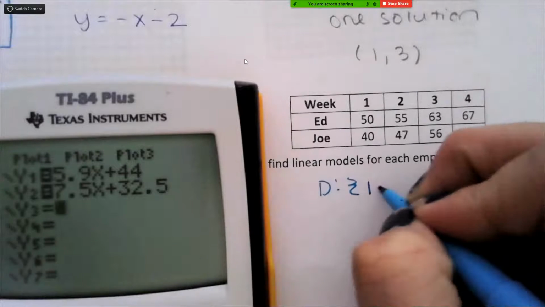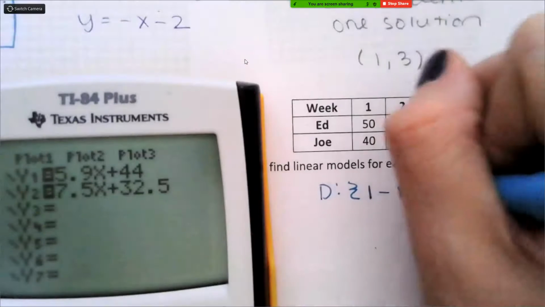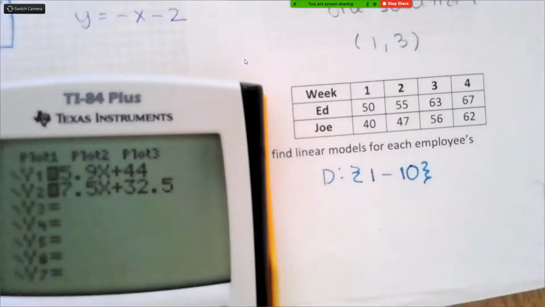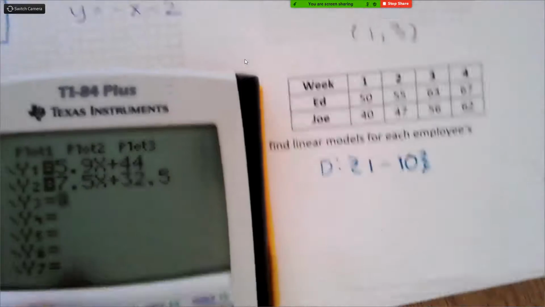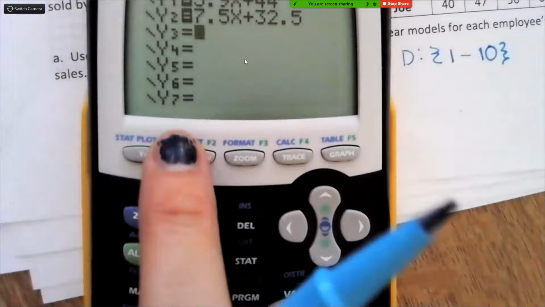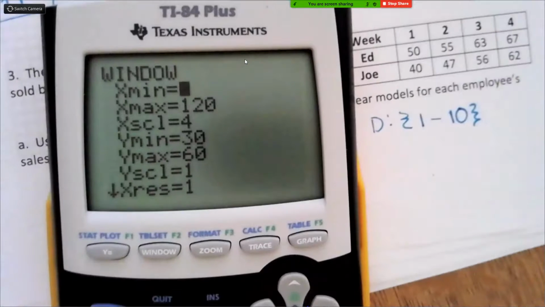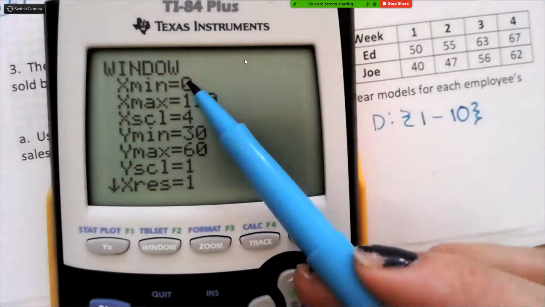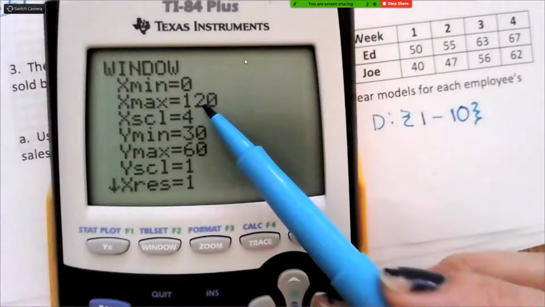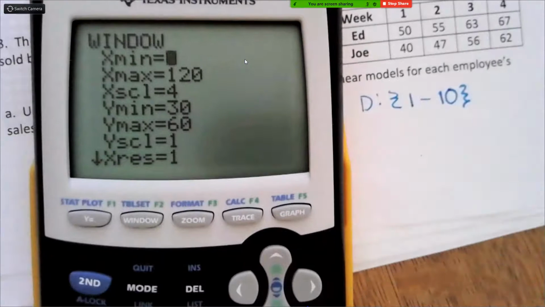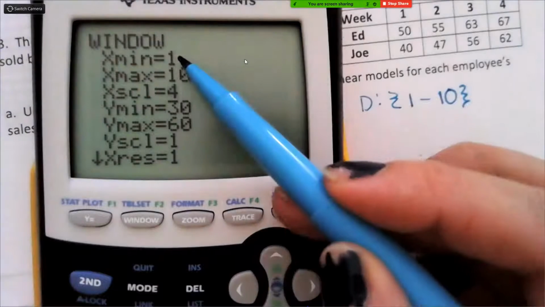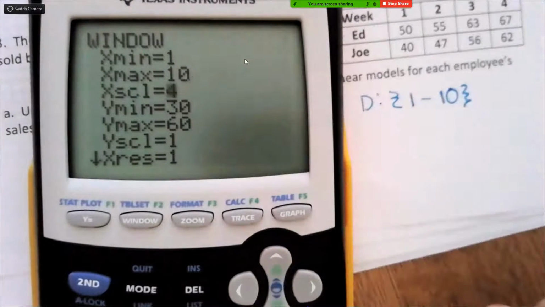So maybe we want to talk about 10 weeks worth of sales. So you're going to hit the word window. X-min represents domain. X-max represents domain as well. So I'm going to make my min and max the 1 to 10 to represent week 1 to week 10.